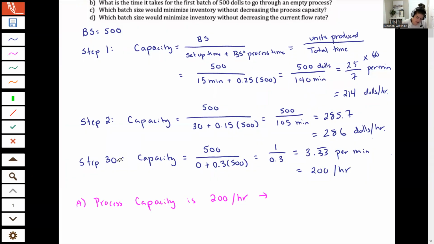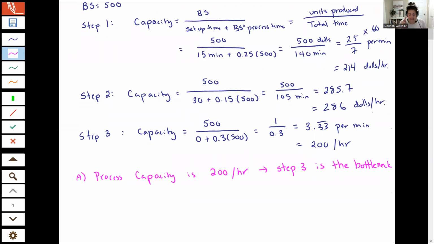Not stage 1, stage 3 is the bottleneck. Now, what this does mean is that we could probably adjust step 1 and step 2 because they're batching processes to spit out that 200 per hour.